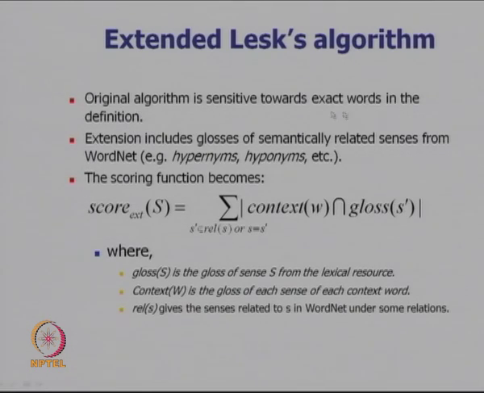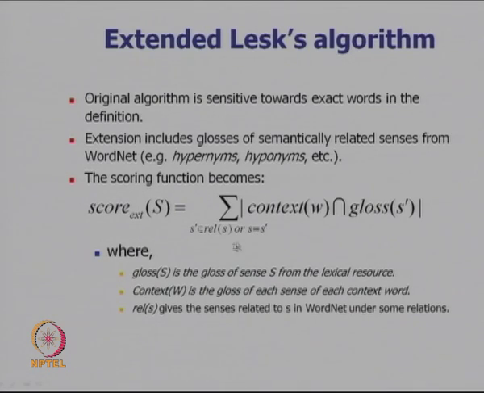The original algorithm is sensitive towards exact words in the definition. The extension includes glosses of semantically related senses from the words, for example, hypernyms, hyponyms, meronyms, etc. The scoring function now becomes: score of a sense is equal to context of the word W which needs disambiguation, and the gloss of S', where S' is semantically related to S, or S is equal to S'.